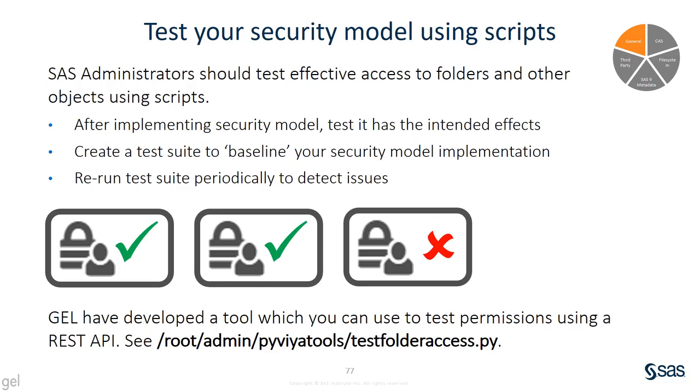They are a Python tool that calls the REST API to do some functionality. I created those tools, and my colleague David Stern added a tool that tests folder access. It does some REST calls to the authorization service to check whether people have access to folders, and you'll use it in the hands-on to test your security model and make sure that it's been set up accurately.